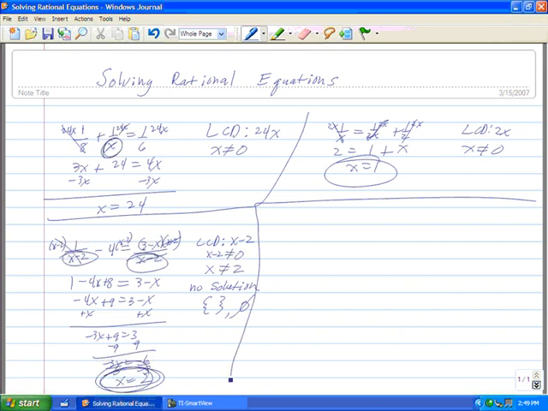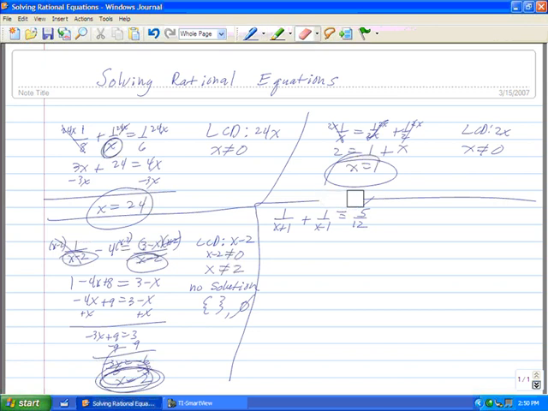Alright, so let's look at our next example. And that's going to be 1 over x plus 1 plus 1 over x minus 1 equaling 5 over 12. So, we're going to look around and see that our last few problems were linear.